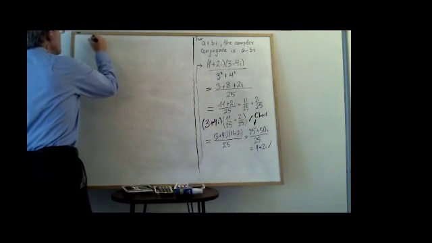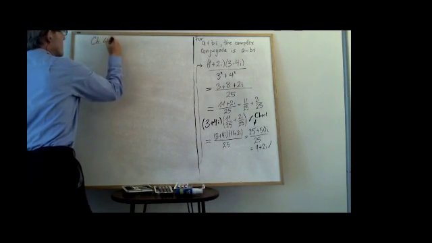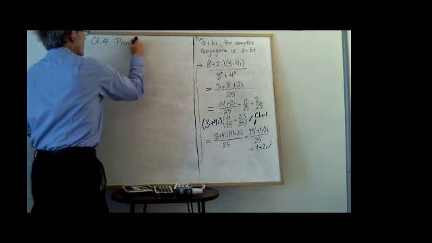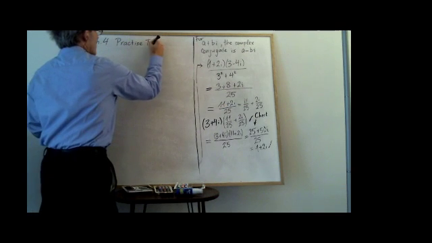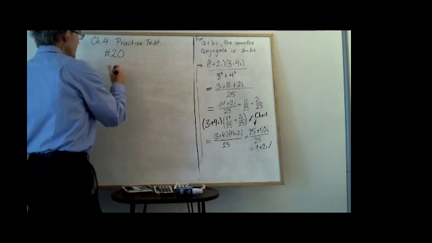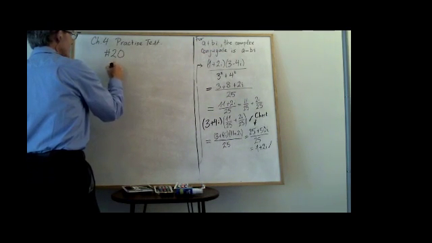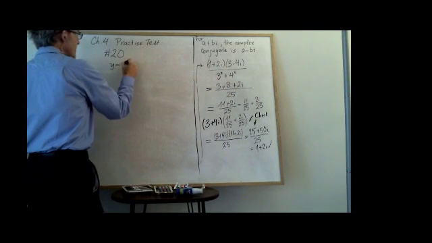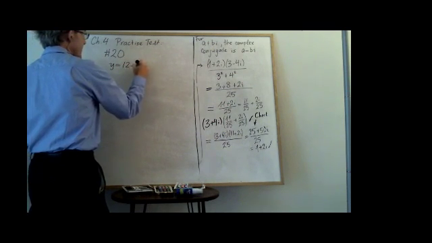All right, so this was chapter 4, practice test, number 20. Okay, so remember we had a triangle which was given by y is equal to 12 minus 4x.